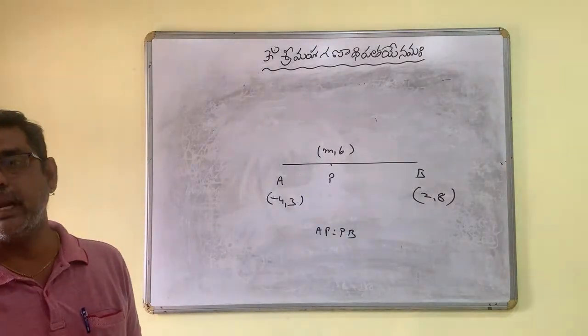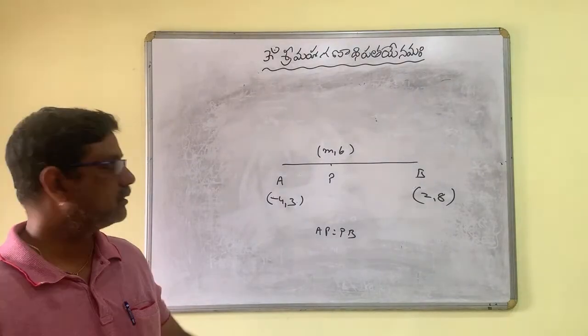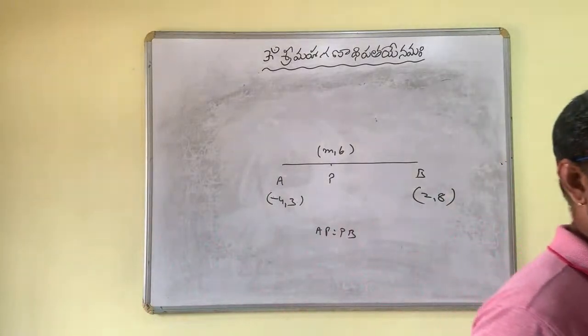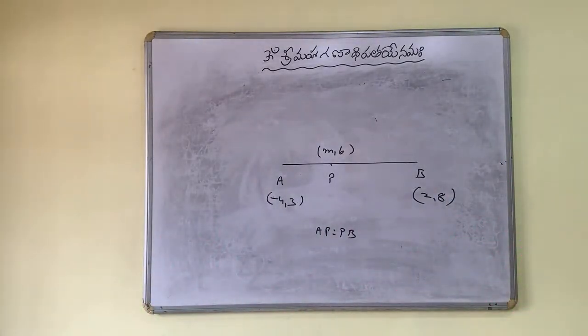See, now you tell me what is the difference between the third model and the second model in section formula? Anyone? Only Namrata is speaking, remaining else are sleeping, eh?